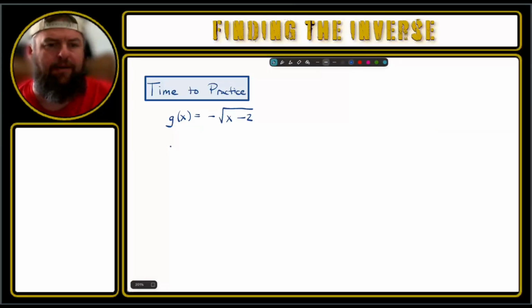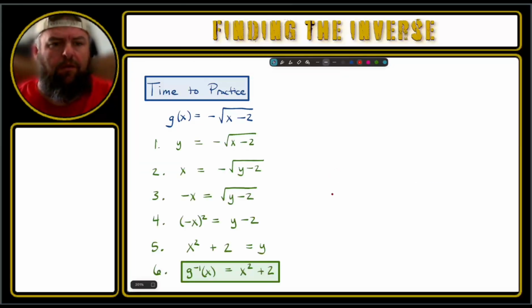Alrighty, and your second practice question, g of x equals negative square root of x minus 2. Pause now to try. The inverse of g of x equals negative square root of x minus 2 is x squared plus 2.